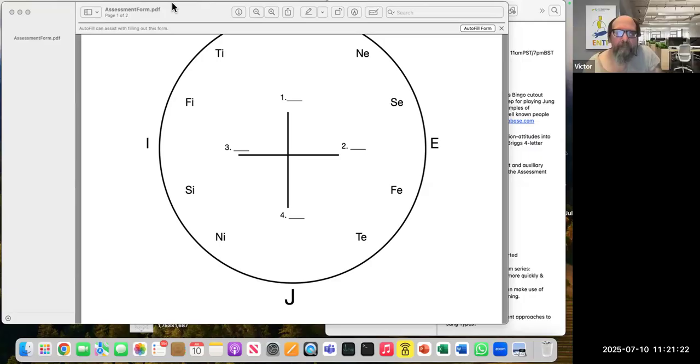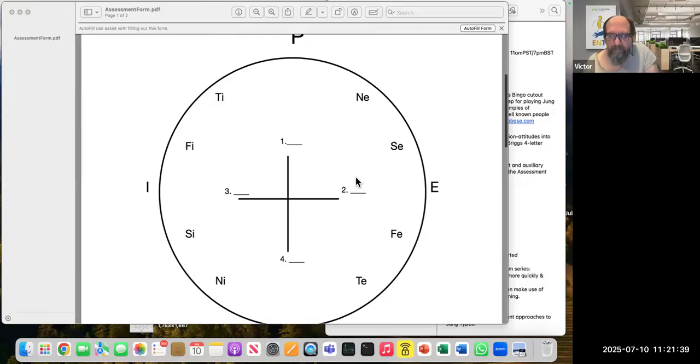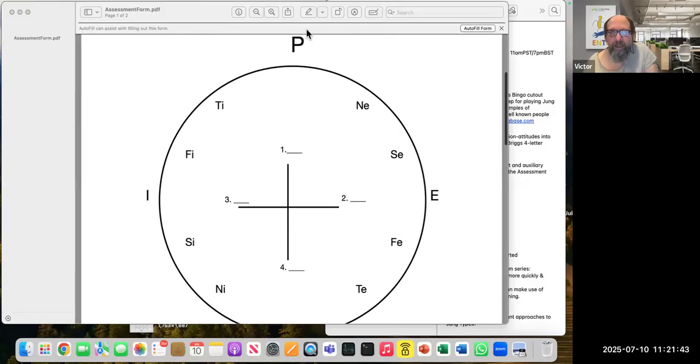So the main thing to get here is that this guide that you have, the 3-page guide about how to identify the function attitudes from the judging and the perceiving, is just for the first and the second positions.